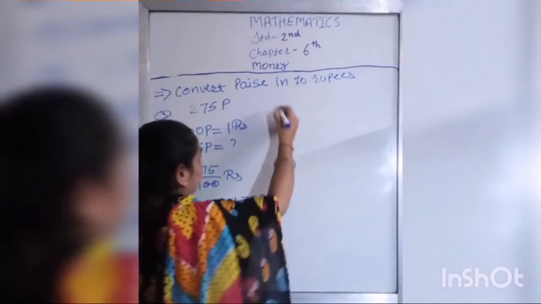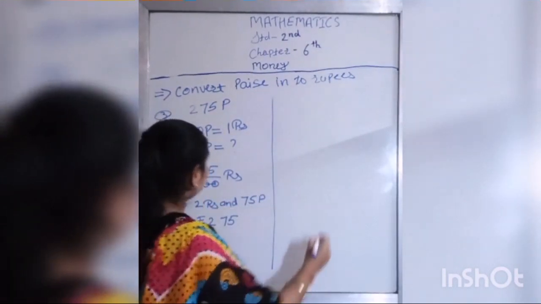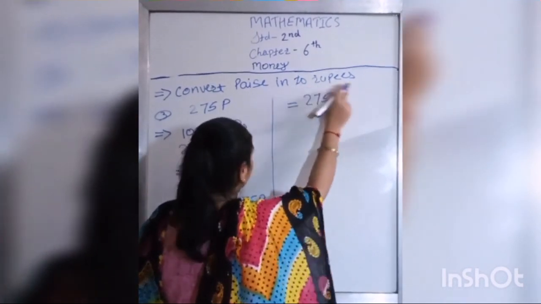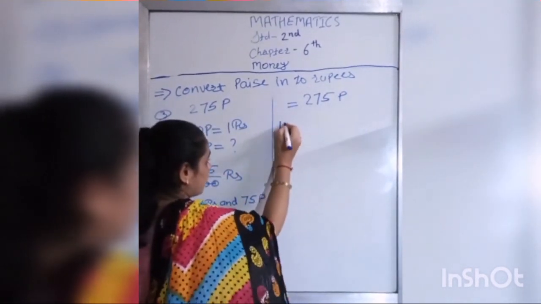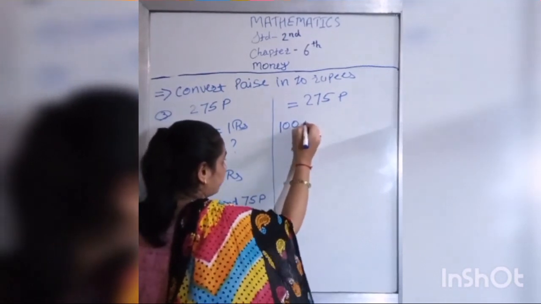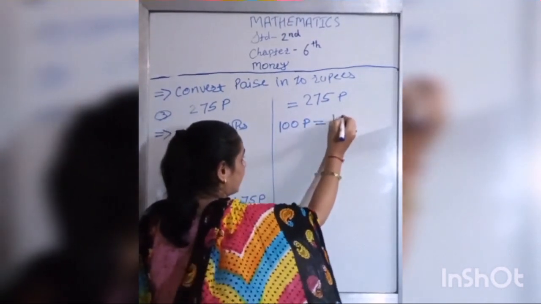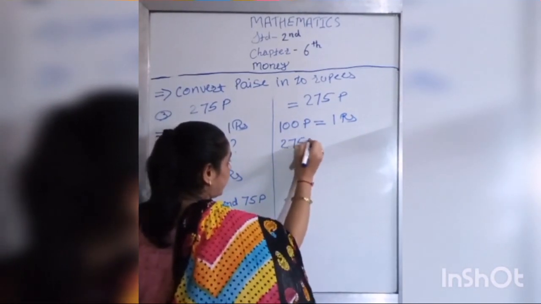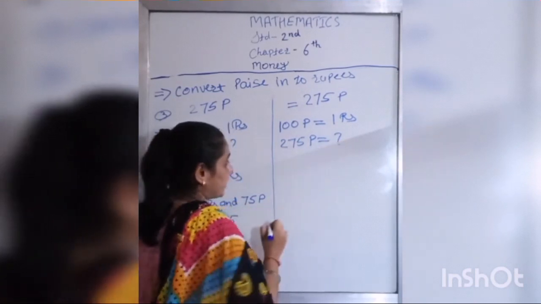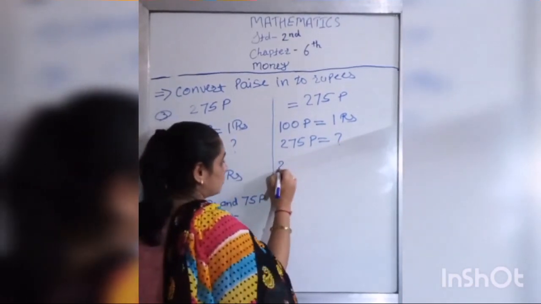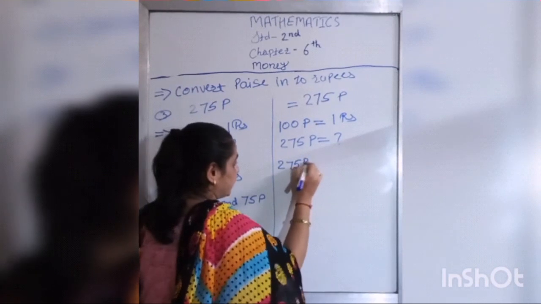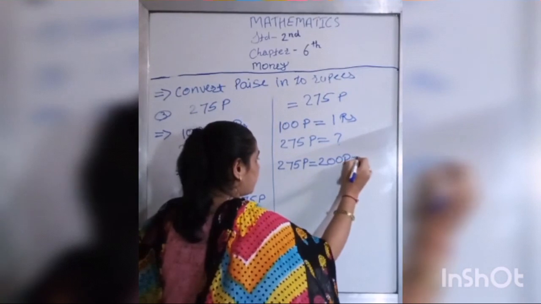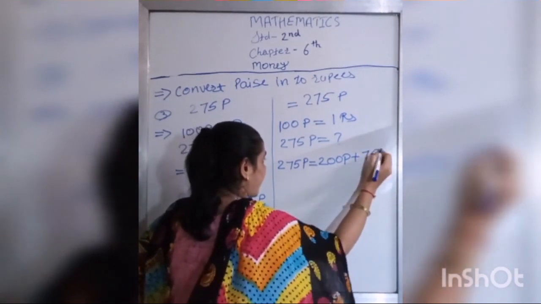Let us do it by another method. 275 paise, we are converting into rupees. As we know, 100 paise is equal to 1 rupee. So 275 paise is equal to how many rupees? Now see here, this 275 paise we can write as 200 paise plus 75 paise.